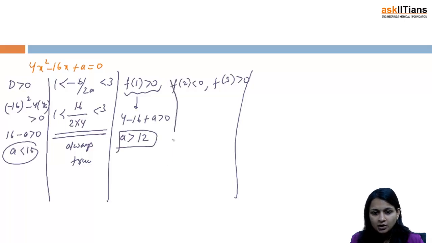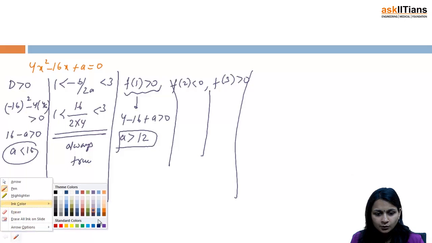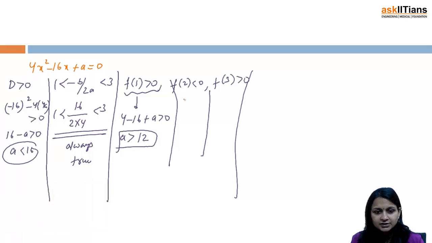Okay. Now f2 less than 0. What does it give us? For f2 less than 0, 4 into 4 becomes 16, minus 16 twos are 32, plus a less than 0. So I have a less than 16. Okay. F3 greater than 0.